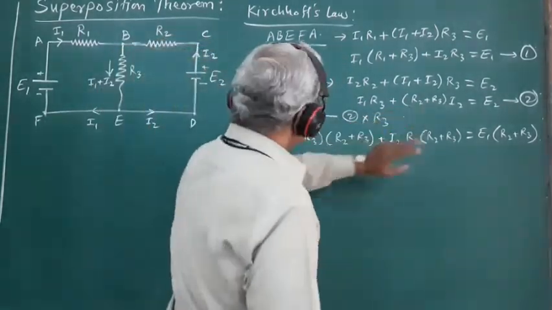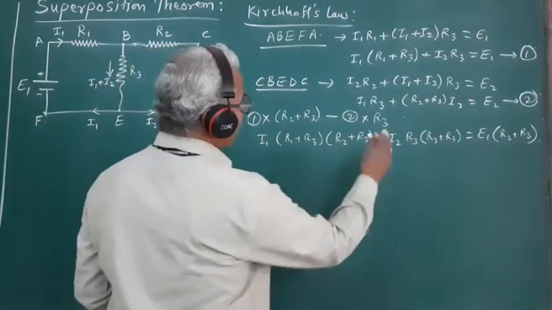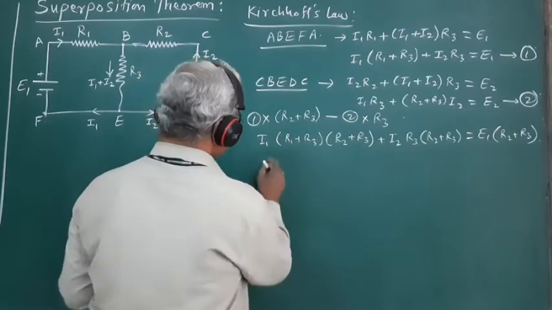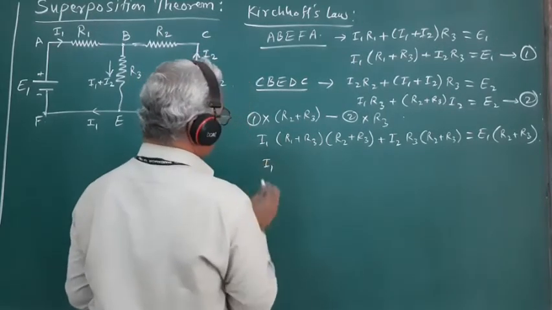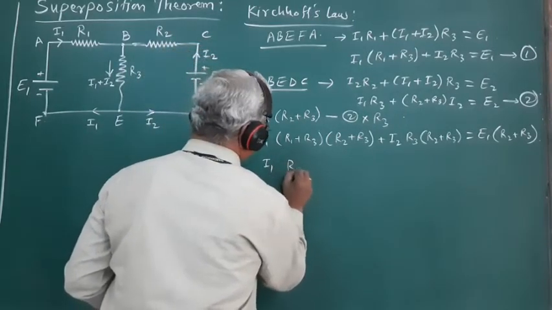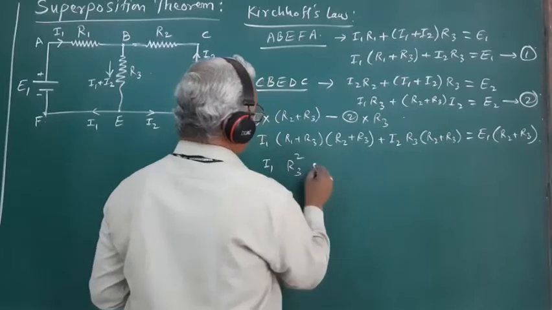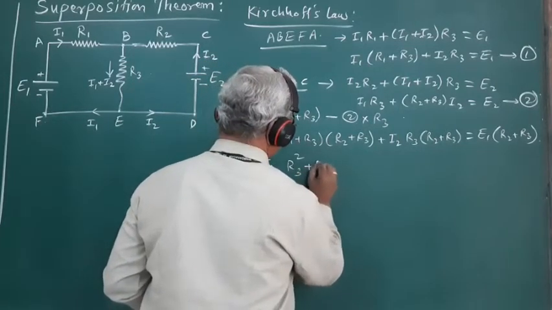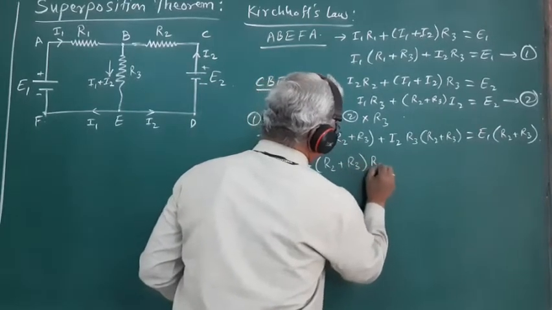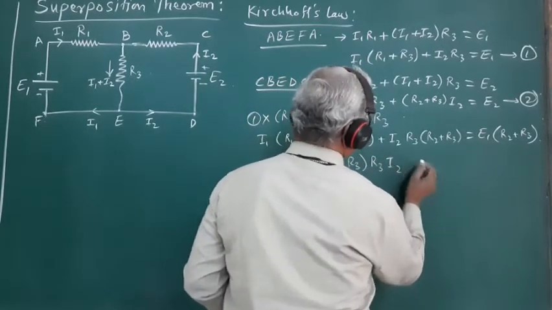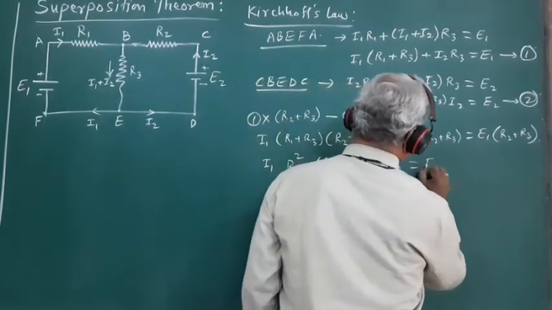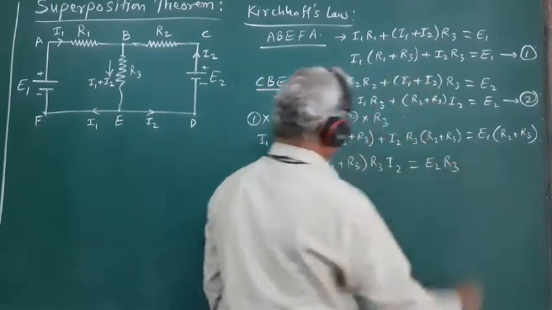Similarly, multiplying equation 2 by R3, what we shall get is I1 R3 square plus (R2 plus R3) into R3 I2 is equal to E2 R3.